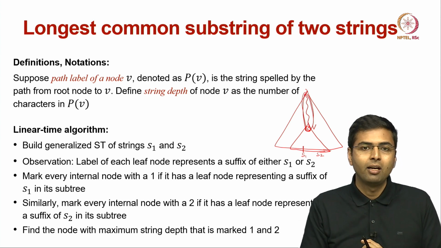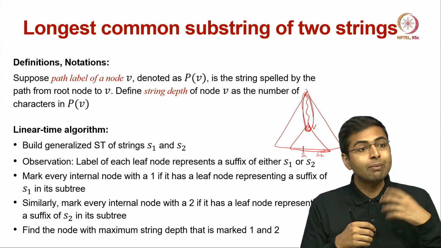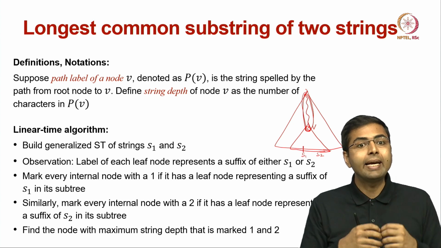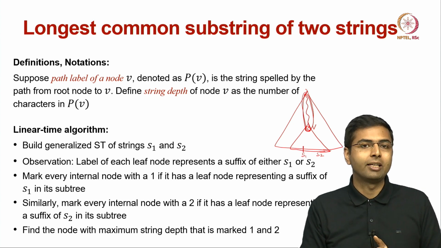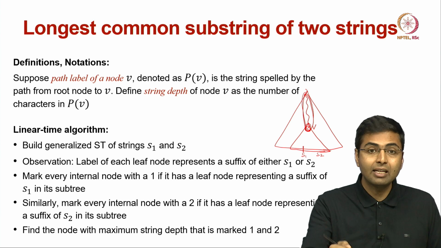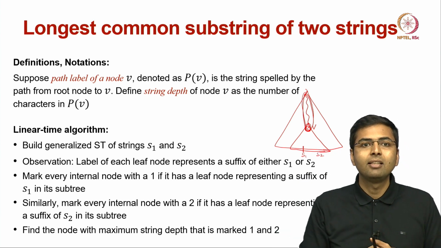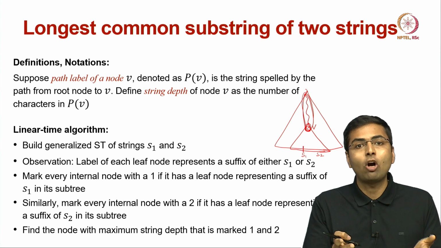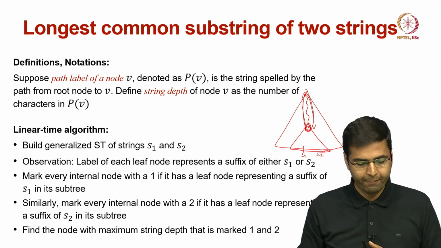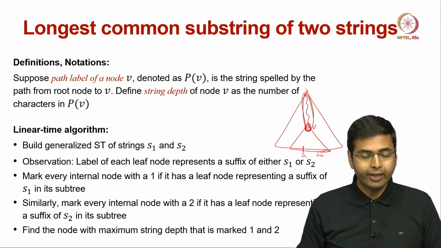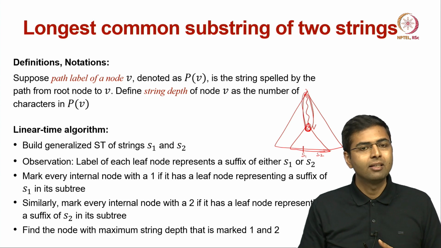By looking for the node with maximum string depth, I automatically get the longest common substring. So, if this node is the deepest such node in the tree, then it reflects the longest common substring. Again, the algorithm is actually very simple.